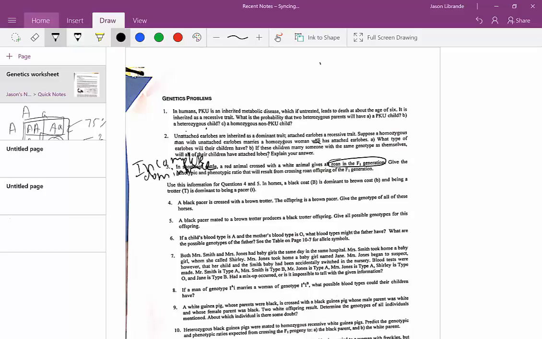You can imagine the red animal would be uppercase A, and the white animal would be lowercase a, lowercase a. Since this is an incomplete dominance question, all of their offspring are going to be heterozygous. That would give 100% roan, or essentially 100% of the intermediate phenotype.